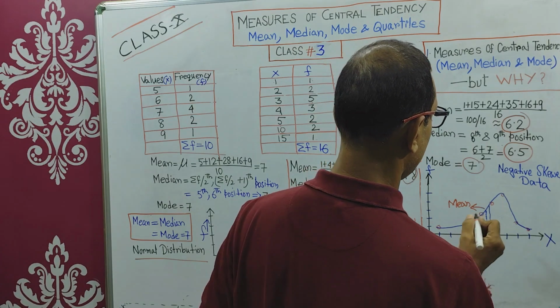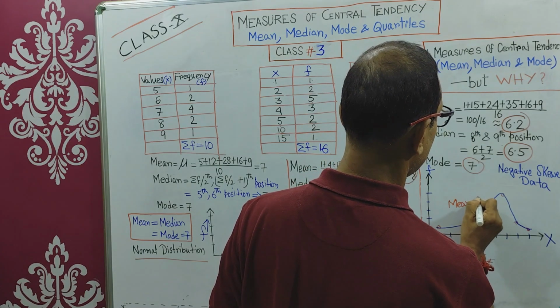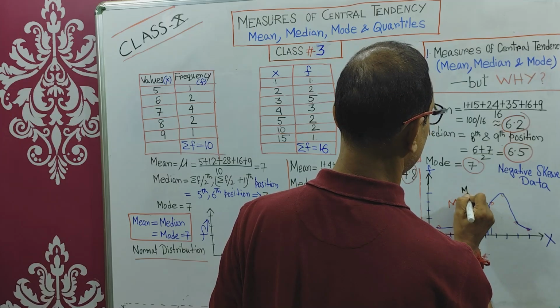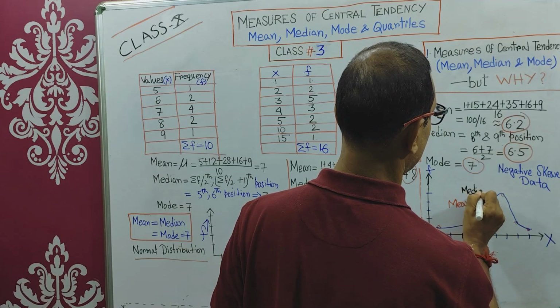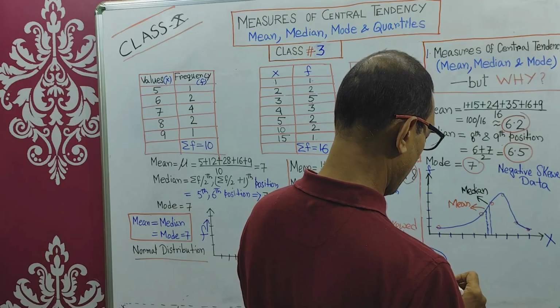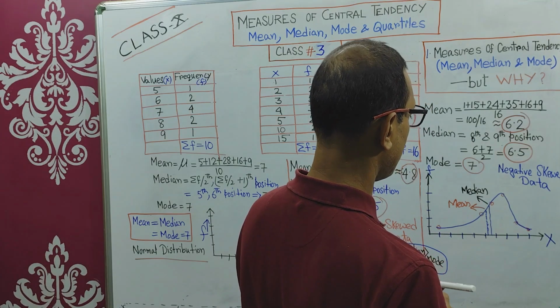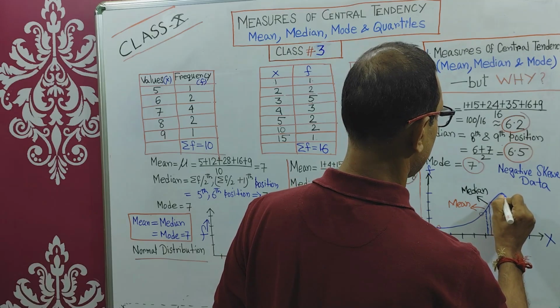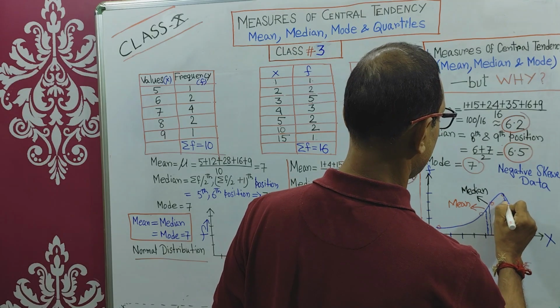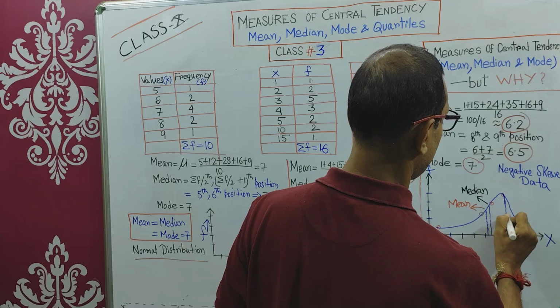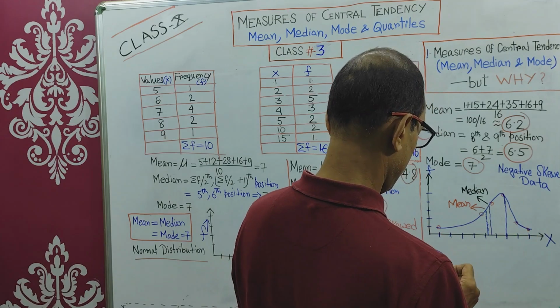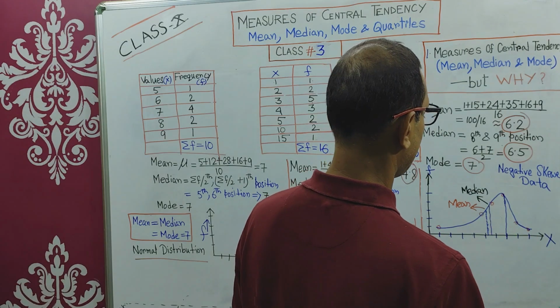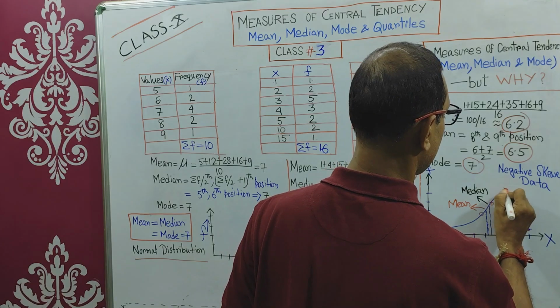So this is what your median. And what is the mode? Mode is the highest frequency, that is 7. So this is what your mode.